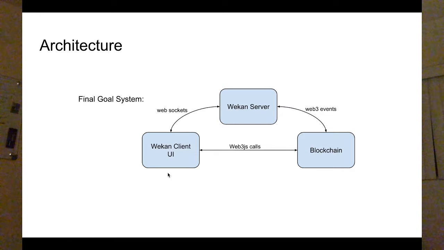Architecture. Basically, you have this WeKan server. It has a variety of backends, and you have the WeKan client, the board I was just showing you, and it connects to the blockchain. So the idea is to have this three component architecture.